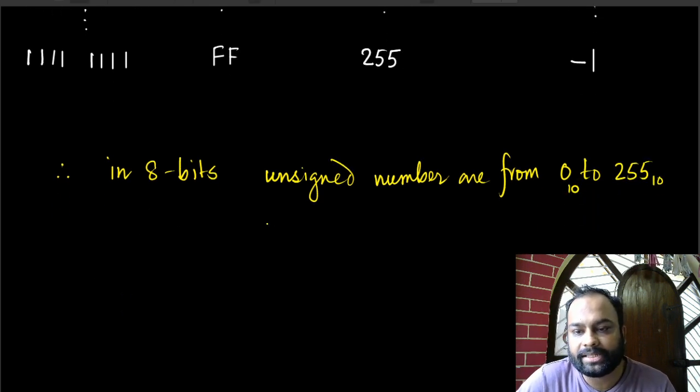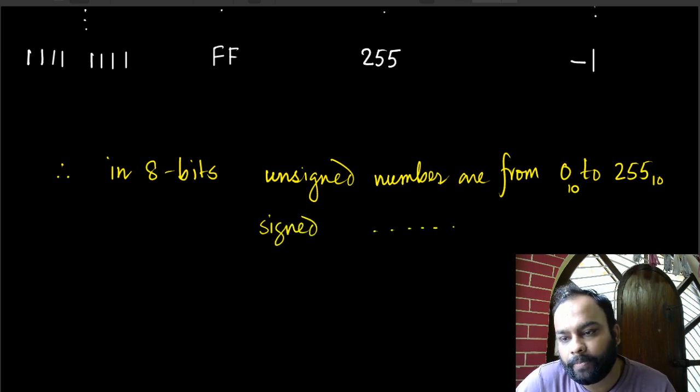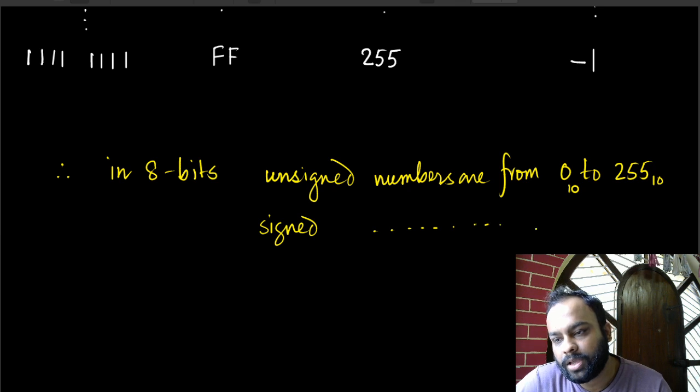But in 8 bits, signed numbers are from minus 128 to plus 127.